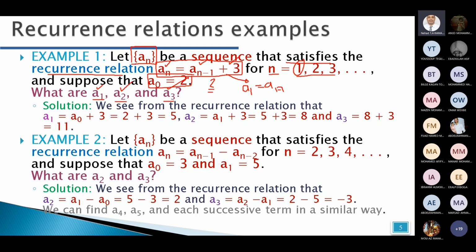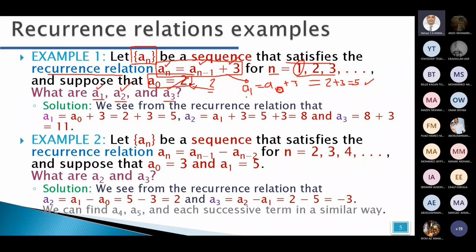So it's term 0 plus 3. So a1 equals a0, or a naught, which is 2, given to you here. So this equals 2 plus 3, which is 5. So we get term a1.